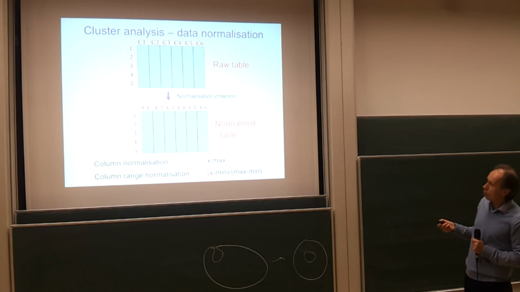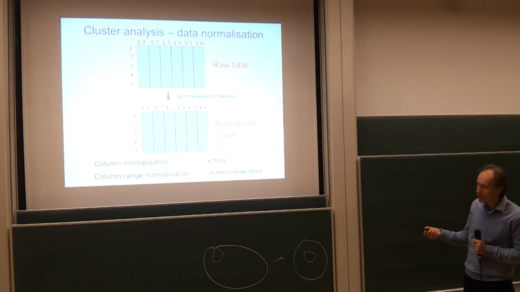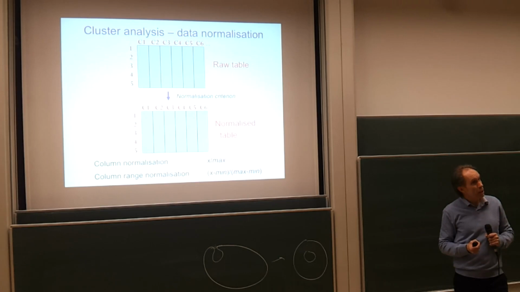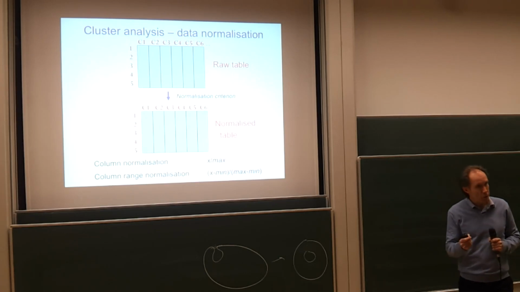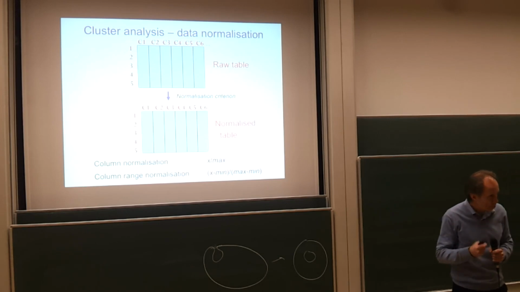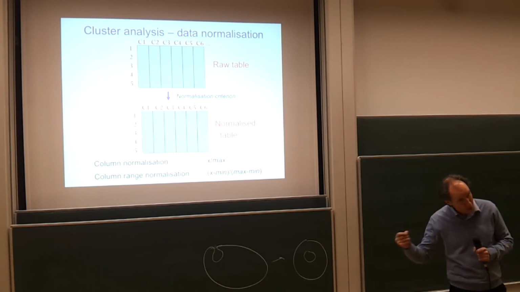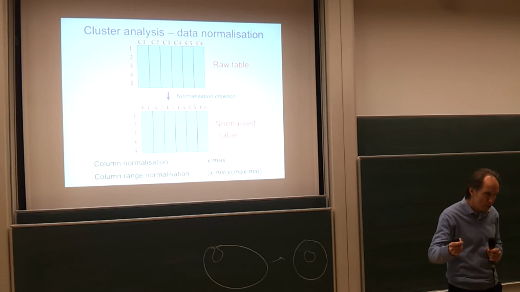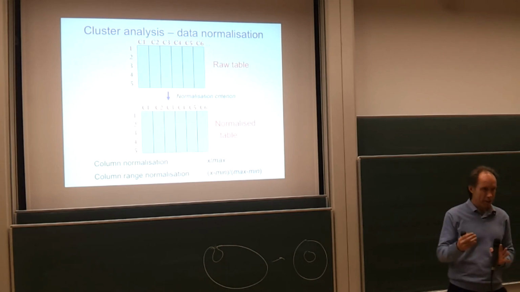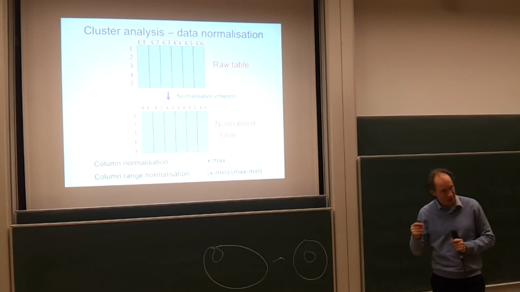The easiest way is you look up the largest number in each of the columns and divide each of the numbers in the column by the max. If your column only has the numbers 1 and 2, how will that work out? So number 2 will go to 1, the number 1 therefore will go to half. That means that the lowest number is not necessarily 0.